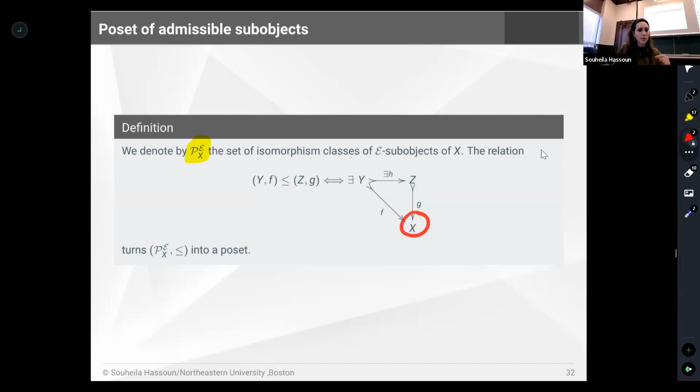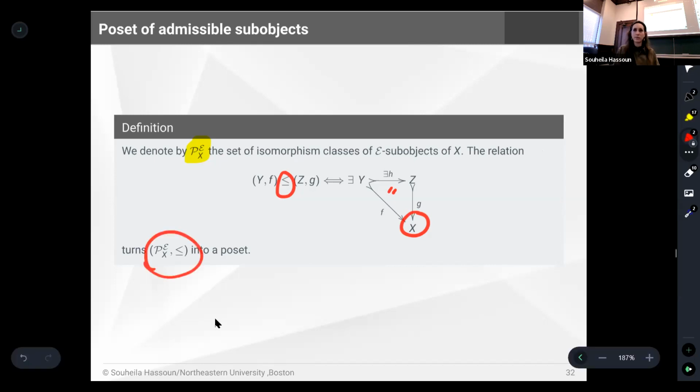And I said it's a poset, not a totally ordered set, and we define this order not by inclusion but by whether we can factor it that way. In this way, it's a partially ordered set, so we have an order on it. So we take all the admissible subobjects of a fixed object X.